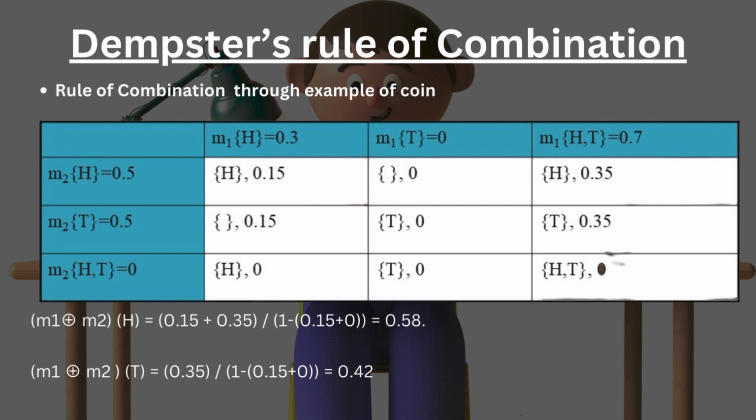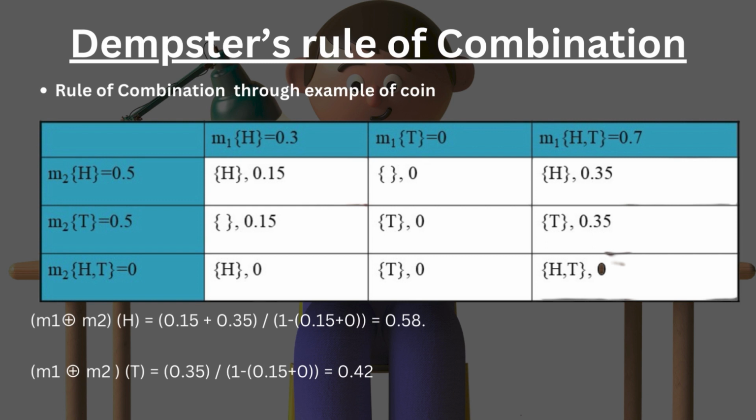As you can see in the table, there are two different sources of evidence for a coin toss, one is M1 and the other one is M2. It is represented in the table in the form of rows and columns. The first column represents the first evidence, and the first row represents the headings for the second evidence. So, I have represented the two different sources and their basic probability assignments in the form of a table.